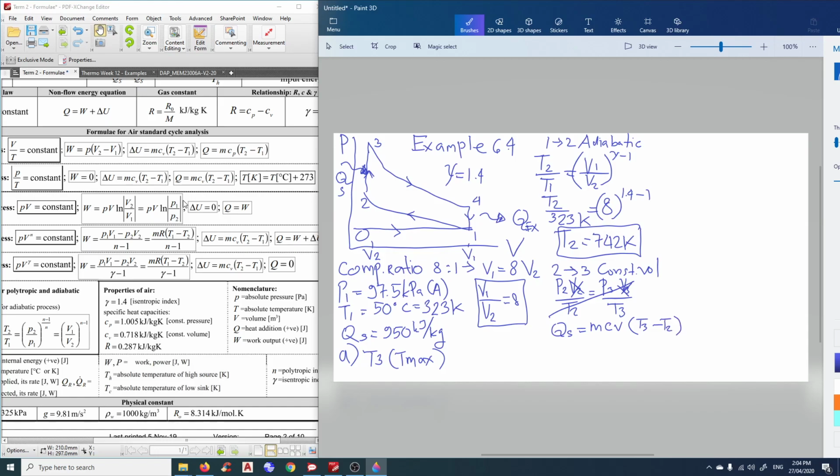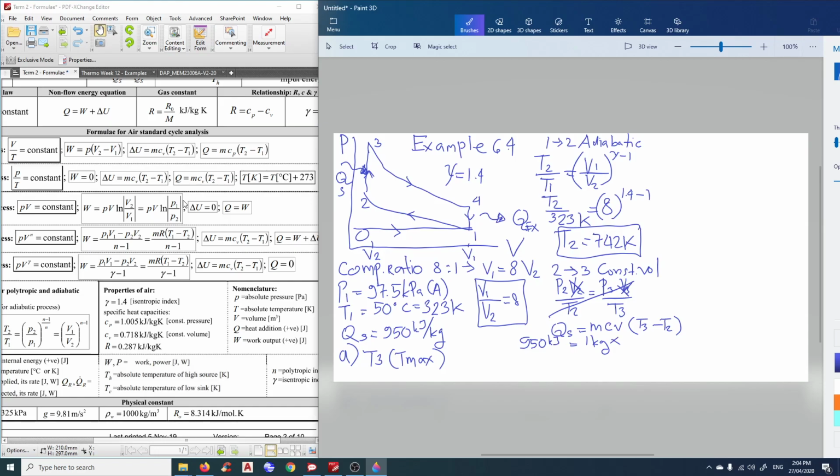T2 we already calculated, that is 742 Kelvin. Mass is 1 kilogram. Q supply is 950 kilojoule per kilogram, so we just assume 1 kilogram.